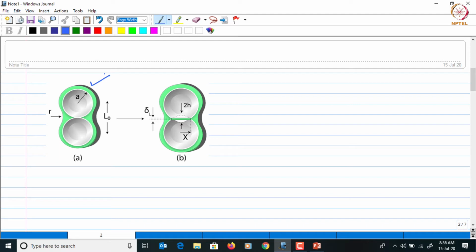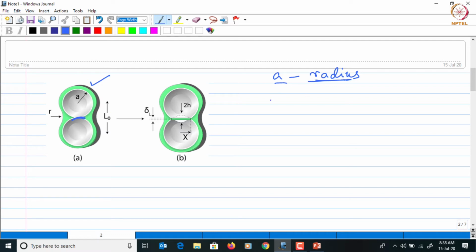Let's say the radius of the sphere is a, and these two are in contact. So the initial center to center distance is L0.